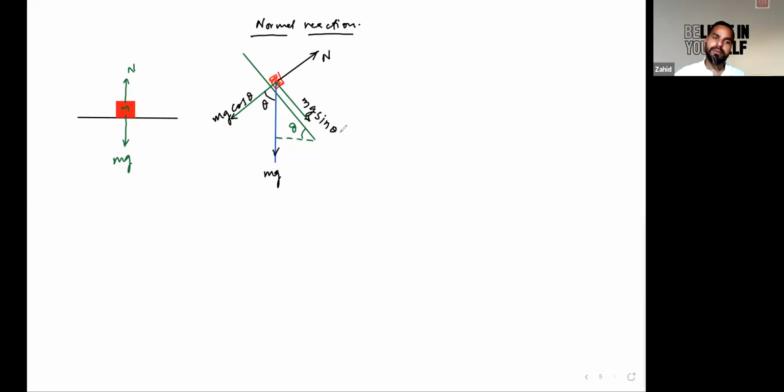So which component will be taken as normal reaction for this? Hamza? Which component will be the normal reaction in this part?